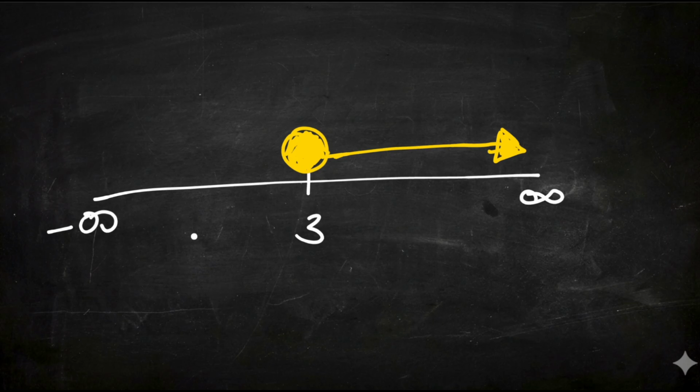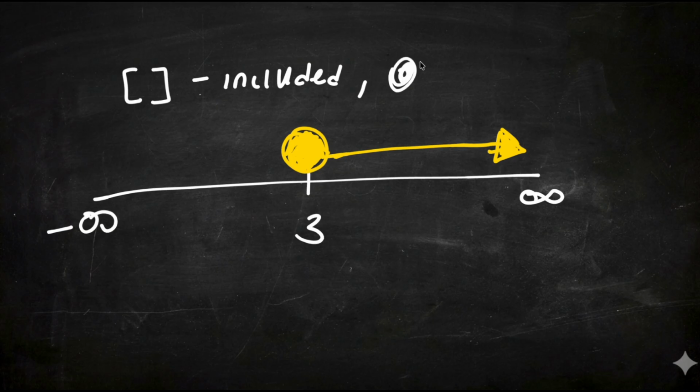Now let's talk about brackets. Brackets look like this, and they mean included. It's the same thing as a closed circle on your number line, because that also means included. So then, how would we convert this number line to interval notation? Once more, the arrow is pointing to the right, which means every number greater than 3.